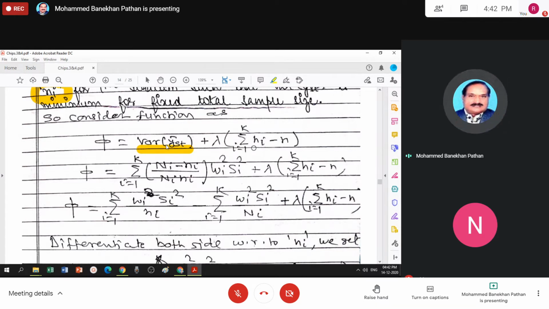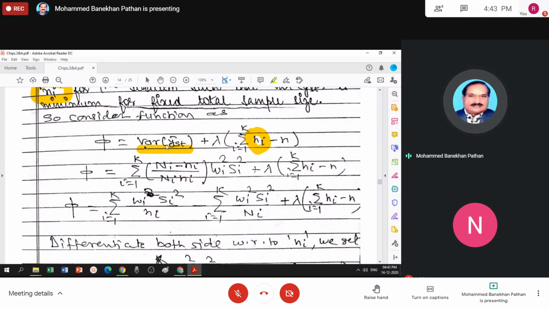So under this condition, small n is equal to this, so this bracket is 0, and 0 multiplied by lambda is 0. Ultimately, phi is a variance. So I decide a value of ni such that my variance will be minimum. That is why this is your algebraic equation under Neyman's allocation.